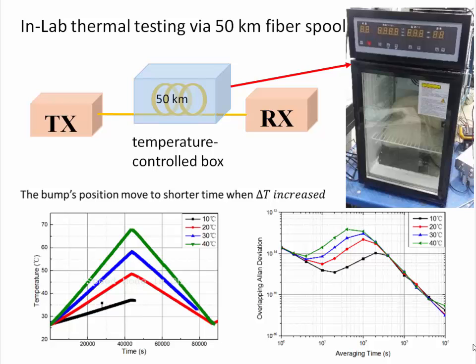The temperature fluctuation goes from 10 degrees in one day to 40 degrees in one day, and the bump still appears. You can see for larger fluctuations, it will have a bigger bump. And what's more important is that for larger fluctuations, the bump position also moved to shorter averaging time.